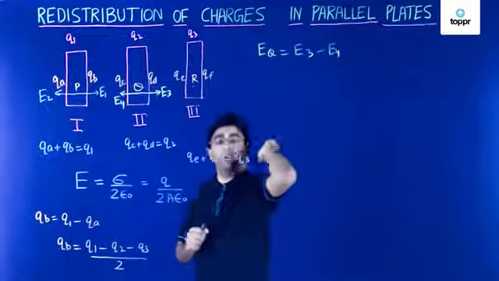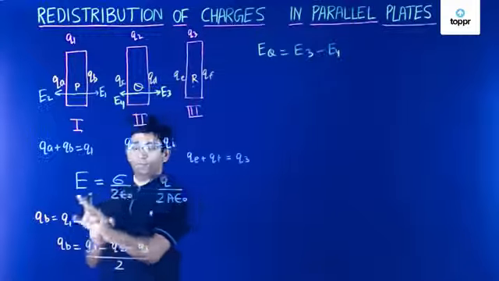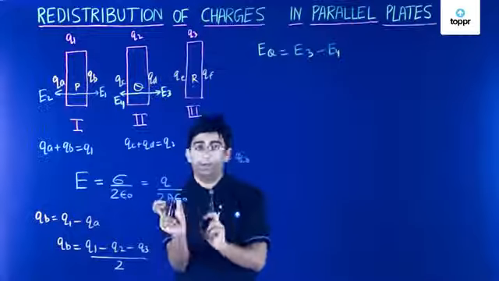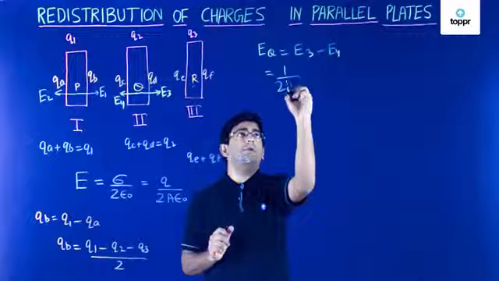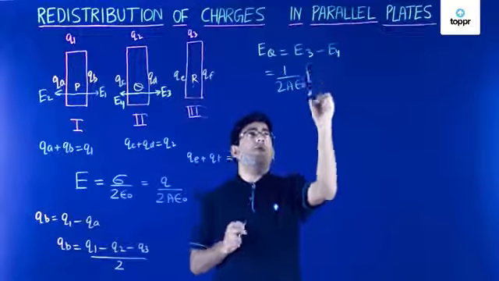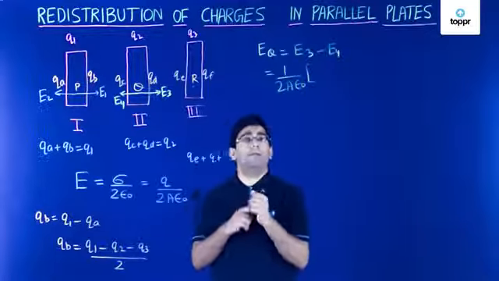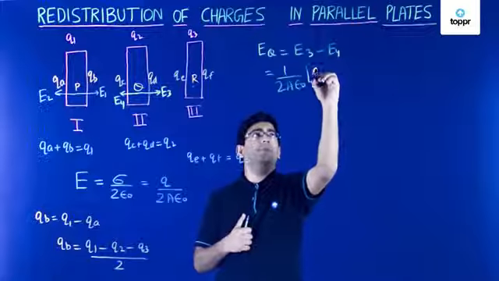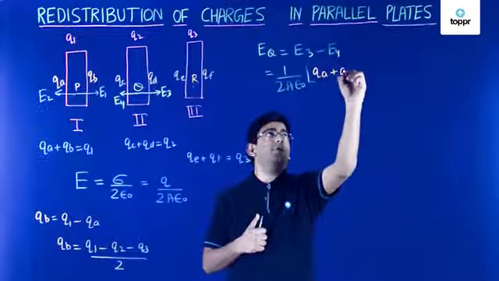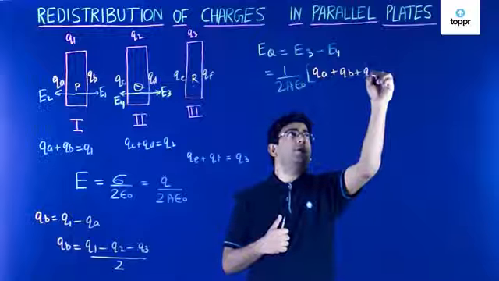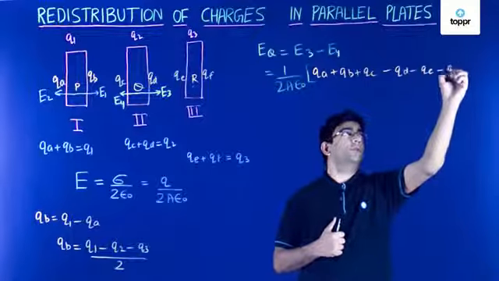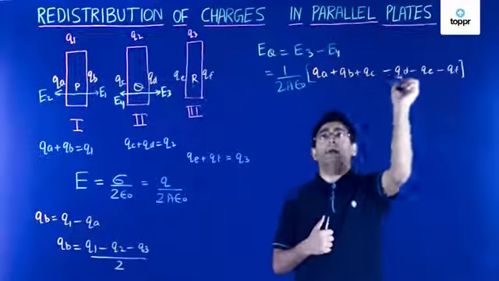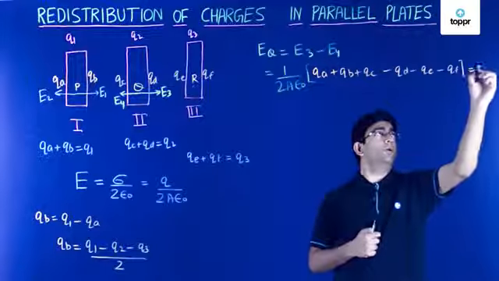So basically we would be using the same expression for the electric field. If I take the term 1 by 2a epsilon naught as common, then we will get the expression for electric field at the point Q as QA plus QB plus QC minus QD minus QE minus QF. So this entire expression has to be put equal to 0.